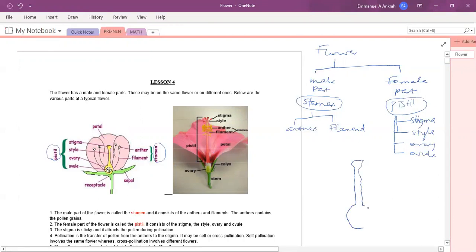Then you have a tube that goes in, and the ovules are the eggs.